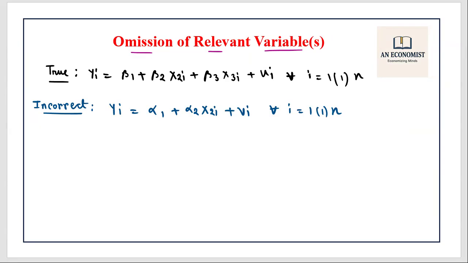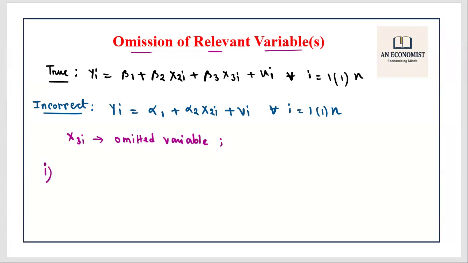Now, if this is the scenario, what will be the consequences? Let me write: x3i is the omitted variable here. Then what will be the consequences?